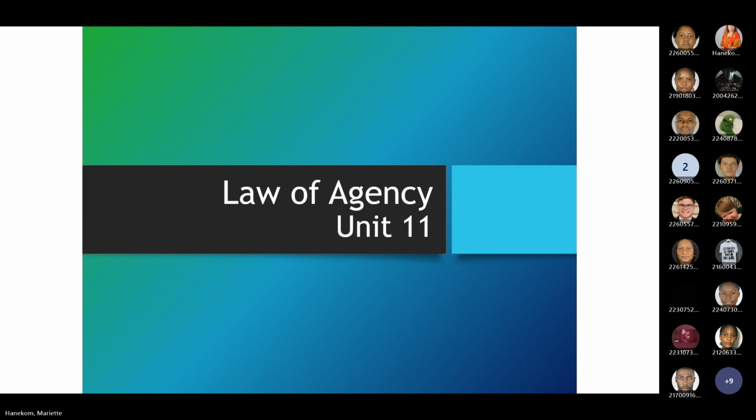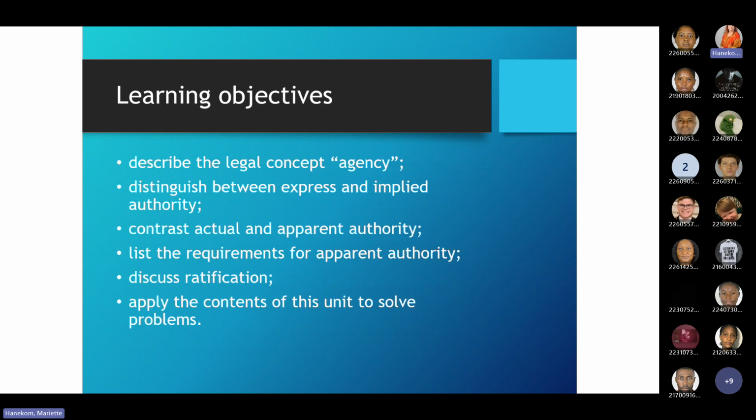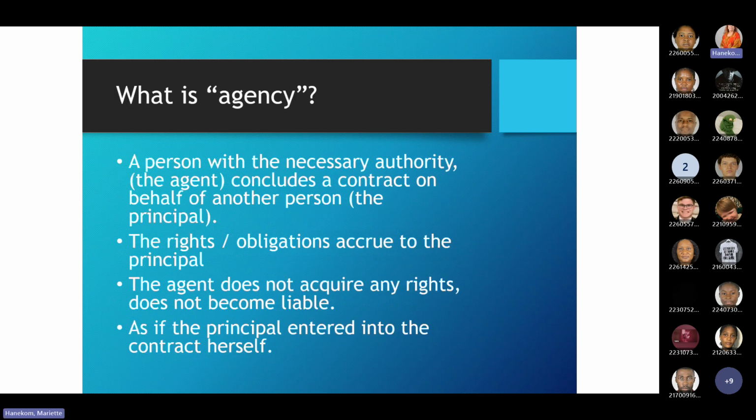In legal terms, what is agency? I'm going to skip over the learning objectives. What is agency in legal terms? So I'm just trying to set up the slides.